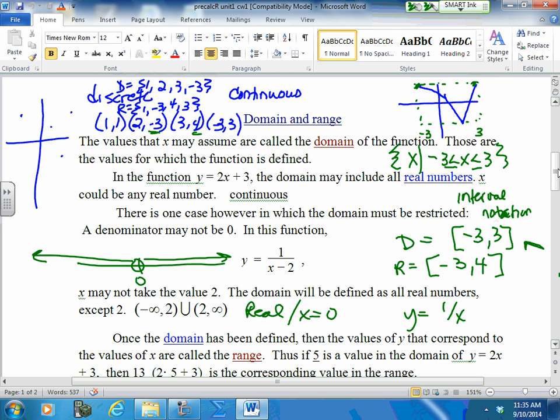And anything that goes on indefinitely is infinity. We come from negative infinity to 0. We can't use a 0. Or we go from 0 to infinity. That is the same as saying all real except 0. Sometimes I know it's easier to write it this way, but we're going to lean towards the interval notation.